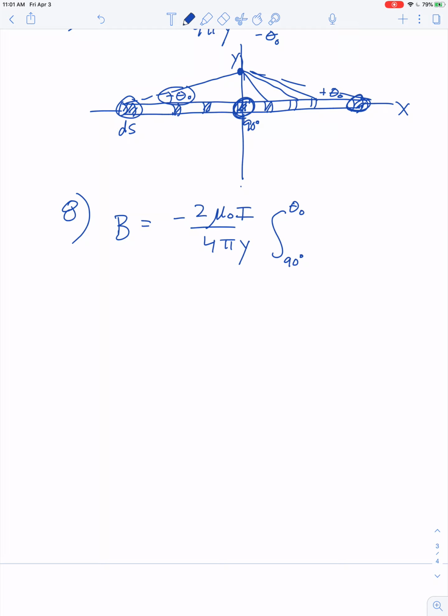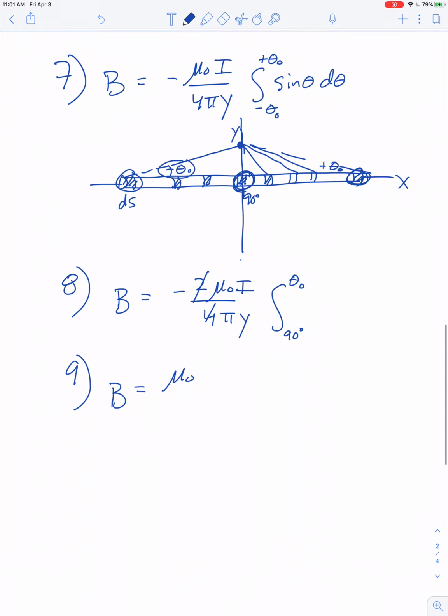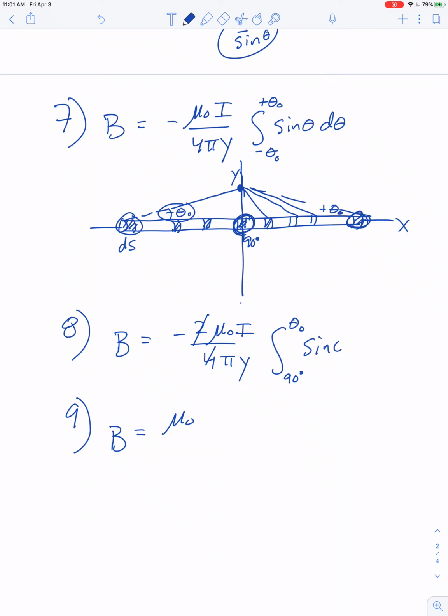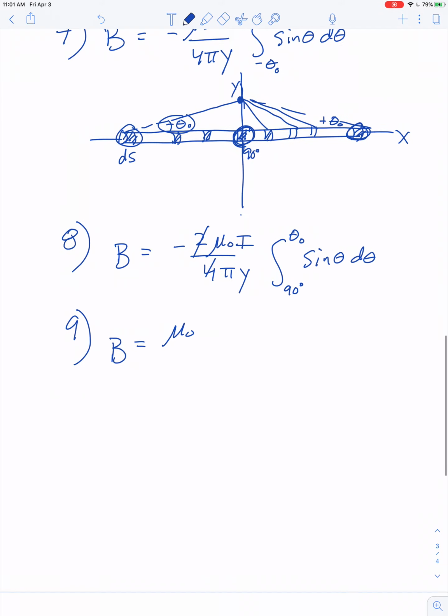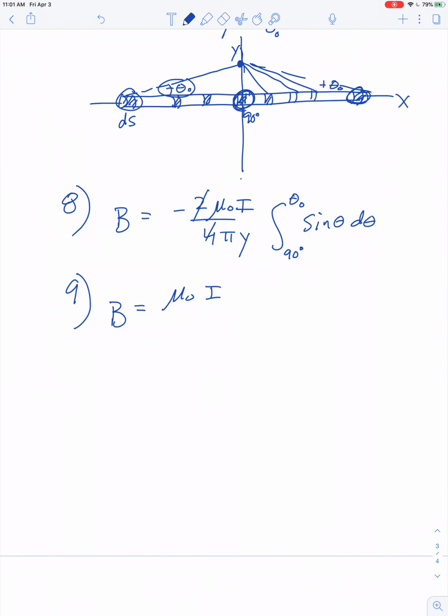Okay. The 2 and the 4 cancel to give us a 1/2. So B is equal to mu, and this is of course the integral of sine theta d theta. So we have mu naught I over 2 pi y, and the integral of sine is cosine. I forgot my negative.